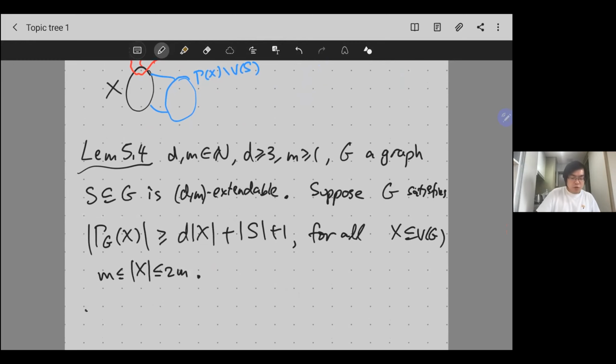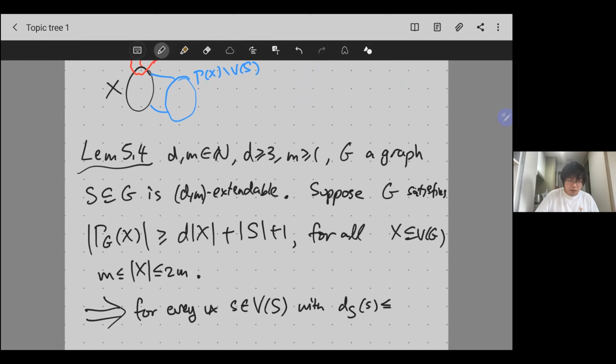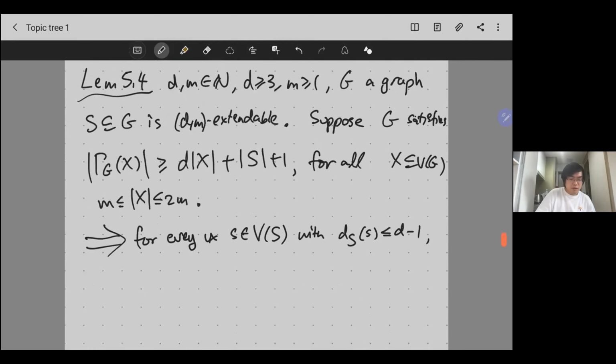Then, the conclusion is that for every vertex S in our nice partial embedding, capital S, as long as its degree is at most D minus 1, so the maximum degree of the tree is D, so D minus 1 means there's possibly another leaf we need to attach to it, okay, D minus 1, then there exists a vertex Y in the neighborhood of this vertex in the nice partial embedding minus those that we've already.